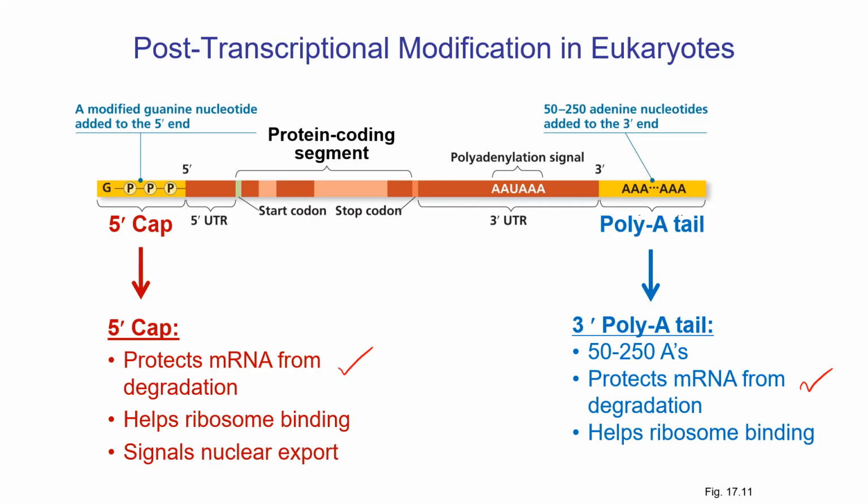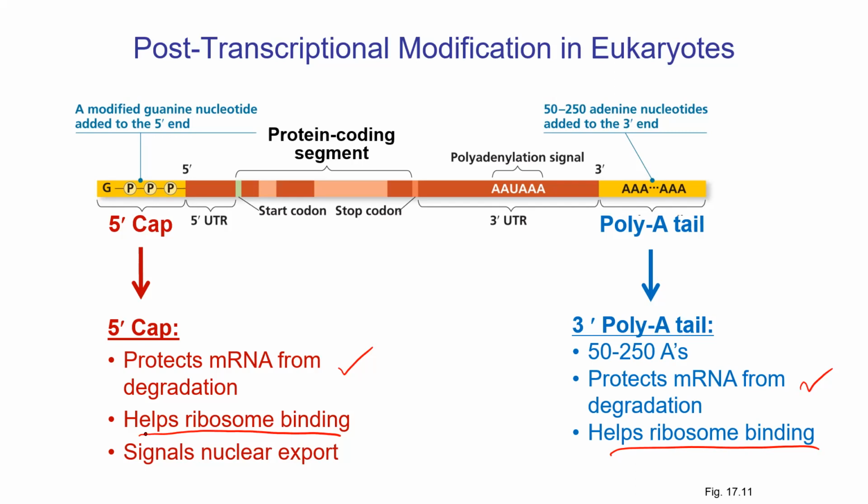So you can see my second thing here, it helps with ribosome binding. Ribosomes are going to grab the RNA, and just having a little extra to hold on to is going to help. There are actual ribosome binding sequences that are sometimes found in the promoter regions, but we're not going to worry about those. These are just sort of assisting in that category. But number 1 is degradation.